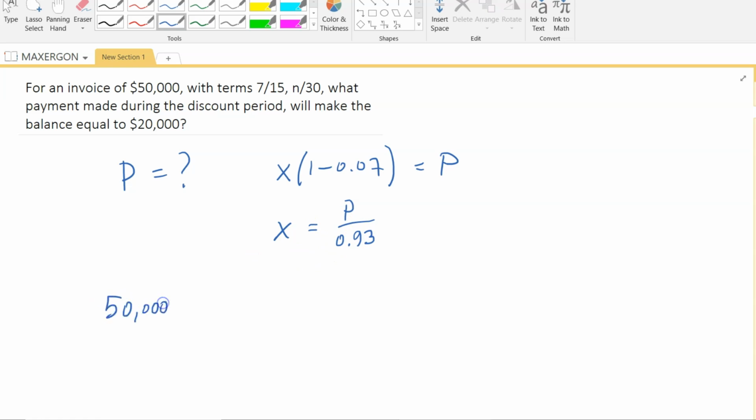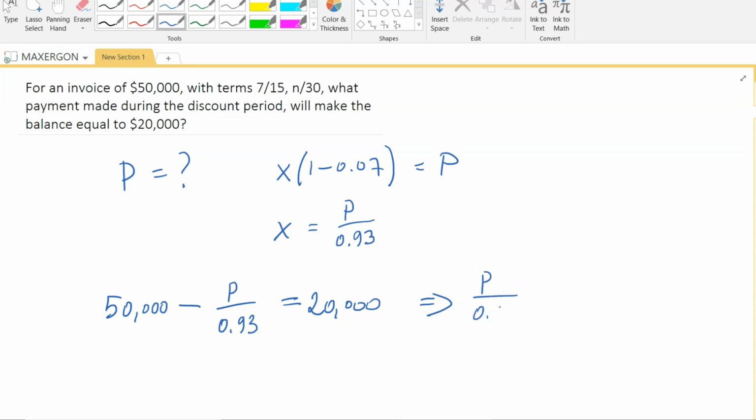$50,000, which is the total on the invoice, minus the credit, which in this case is P over 0.93. If we take the total on the invoice and subtract the credit received, we should be obtaining the balance, which is given here, $20,000. Now we need to solve this equation. I can rewrite it in the following form.